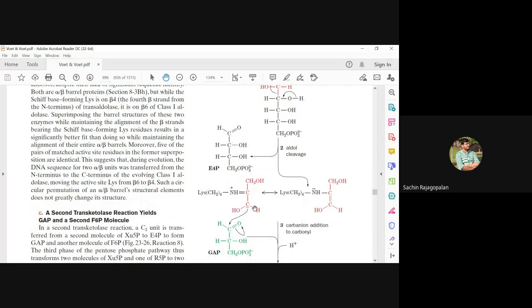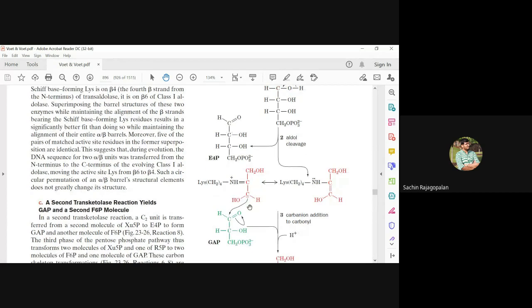So we are referring to it as a carbanion structure, because just to stabilize it, we have shifted this double bond over here, and now we have an opportunity to attach some other compound to this carbon. That other compound is glyceraldehyde 3-phosphate, because that was what was formed in your transketolase reaction. You had a pseudoheptulose 7-phosphate and a glyceraldehyde 3-phosphate.